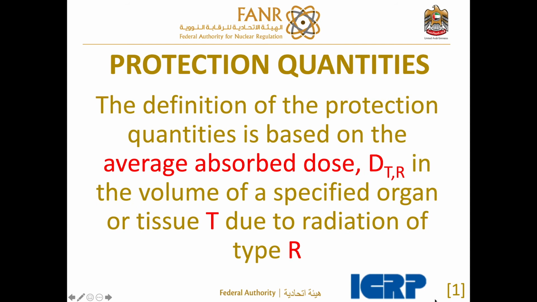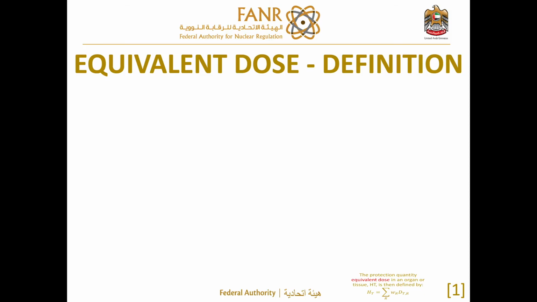The definition of the protection quantity, equivalent dose, is based on the average absorbed dose D in a tissue T, or an organ, due to the radiation R. So we imagine that into a tissue named T, different radiations are depositing energies, so we need to consider all the radiations depositing energy in that tissue, and that will lead us to the definition of the protection quantity equivalent dose.